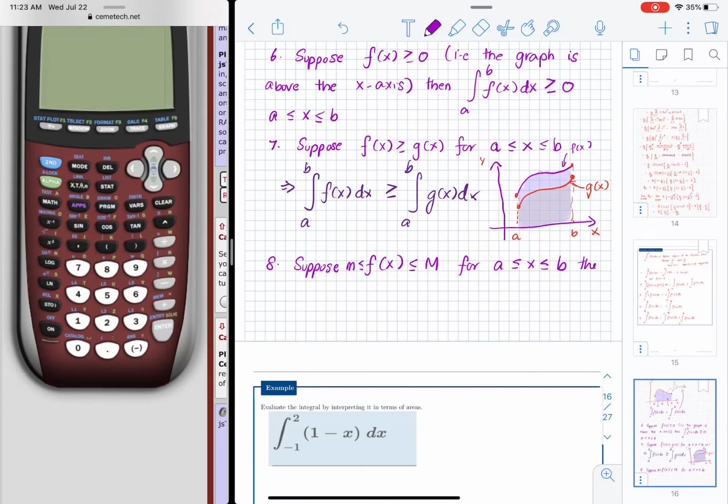Then the integral has to be between m times b minus a and uppercase M times b minus a. Now that can be shown by subtracting the areas, and you can see that this particular inequality will be satisfied.